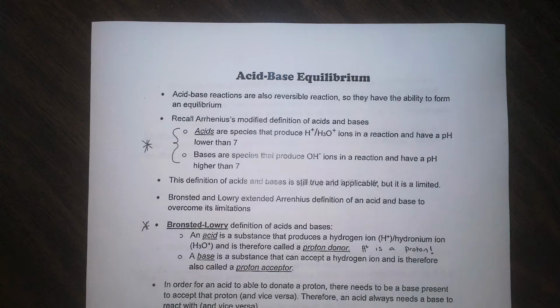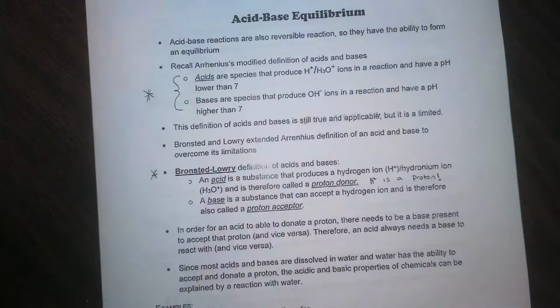Along came two guys, and they're called Bronsted and Lowry, and what they did was they extended Arrhenius's definition and helped overcome that barrier of the basicness of Arrhenius's explanation of hydrogen ions and hydroxide ions. So Bronsted-Lowry acids. An acid produces a hydronium ion, and it's called a proton donor.